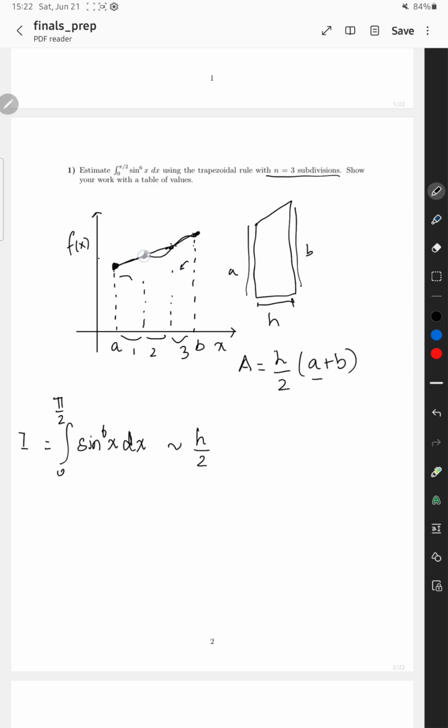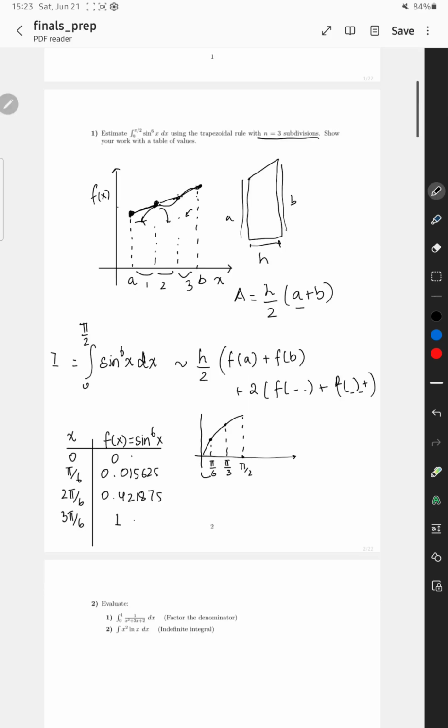All the other points in the middle are part of 2 trapeziums, the one before and the one after. So that is why there would be a double count for all of those points. So the function at the first point a, plus the function at the last point b, plus 2 times the function values at all the other points added together, okay. So this is the general formula to find the area estimated through the trapezium rule.